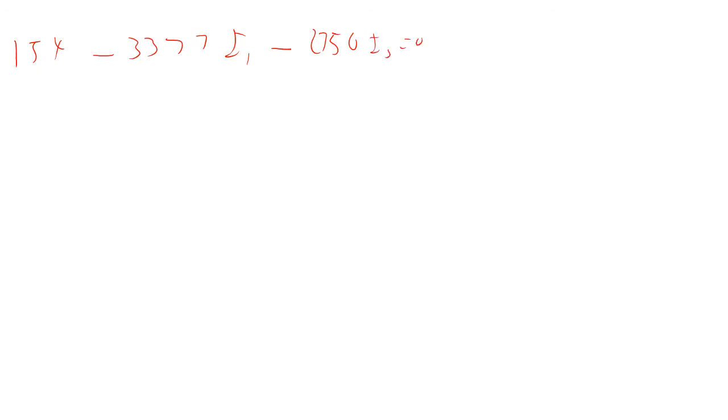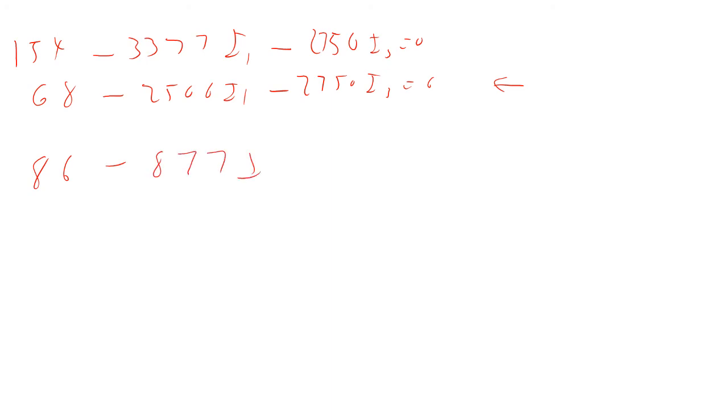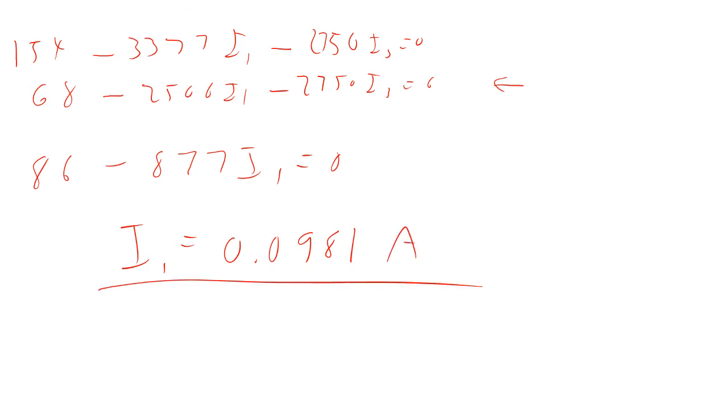And then I get 68 minus 2500 I1 minus 2750 I3 equals 0. So I just subtract the bottom equation from the top equation, and I get 86 minus 877 I1 equals 0. So I1 is 0.0981 amps.